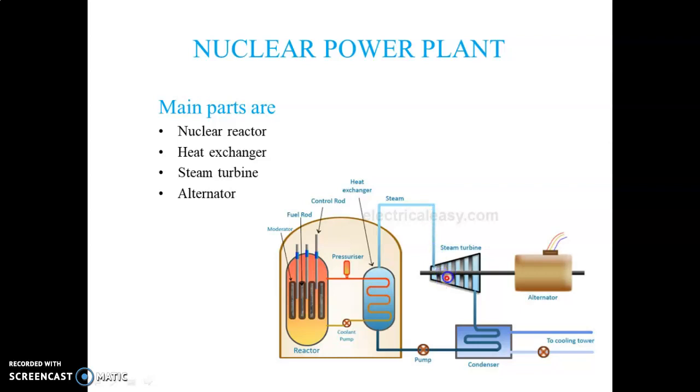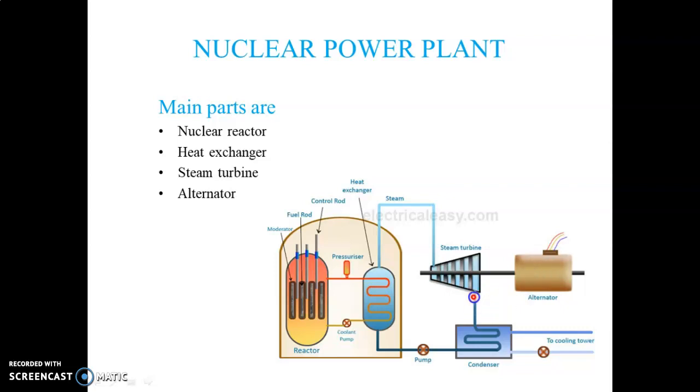In the turbine, the steam energy is converted into mechanical energy, and a shaft is connected between the turbine and alternator. Once the turbine rotates, the alternator also starts to rotate and produces electricity. In the alternator, the conversion of mechanical energy to electrical energy takes place.